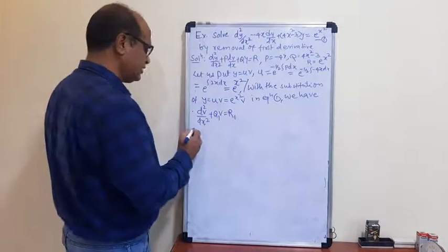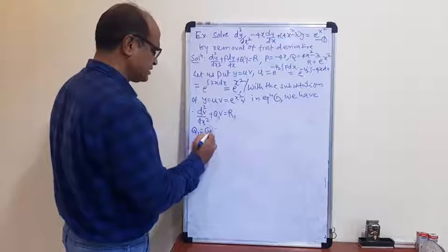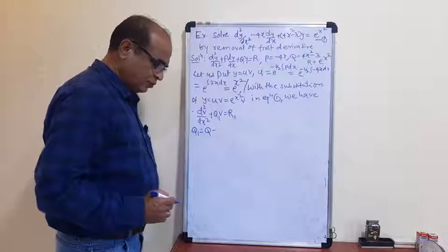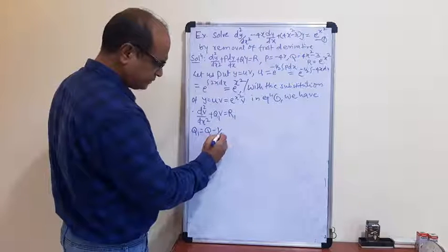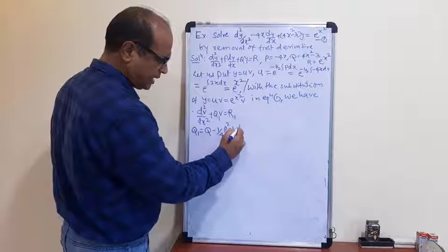Where q1 is equal to, we know the formula, q minus 1 by 4 p square minus 1 half dp by dx.